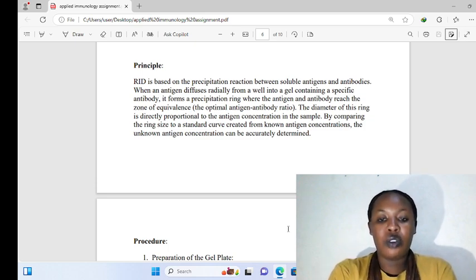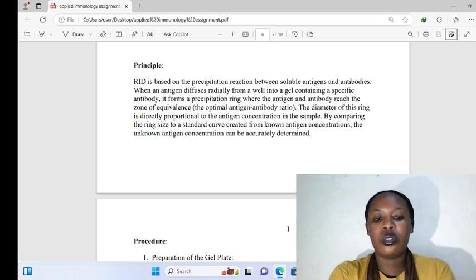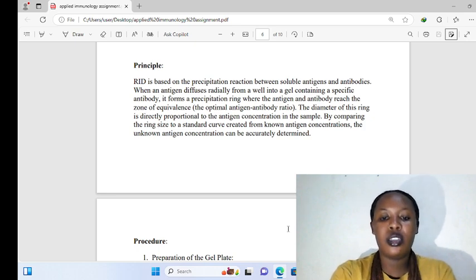The diameter of this ring is directly proportional to the antigen concentration in the sample. By comparing the ring size to a standard curve created from known antigen concentration, the unknown antigen concentration can be accurately determined.